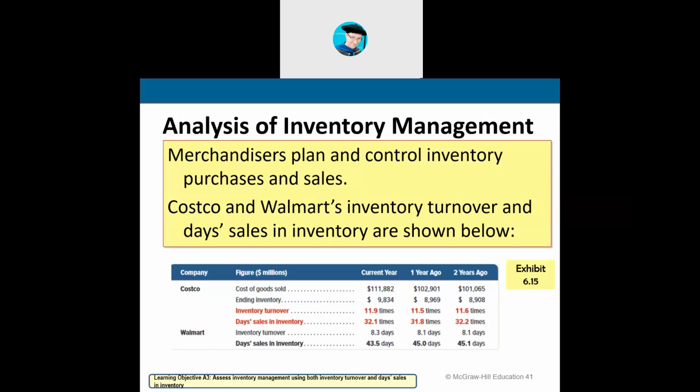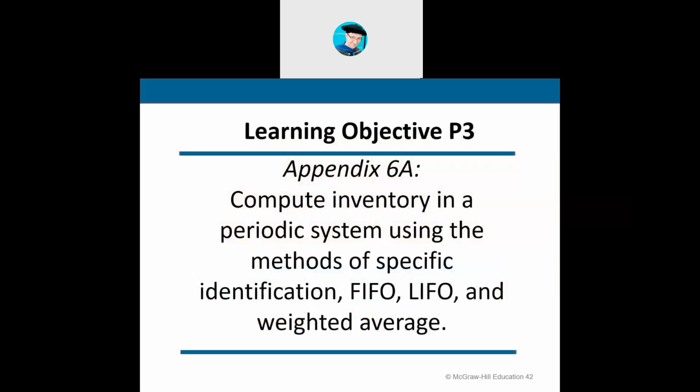That means that they have inventory on hand for an average of 32 days throughout the year. Whereas Walmart, their inventory turnover is 8.3, which is pretty good. It's phenomenal, actually. But the days sales in inventory is 43.5 days, which means their inventory sits longer on their shelves, which isn't necessarily a good thing.